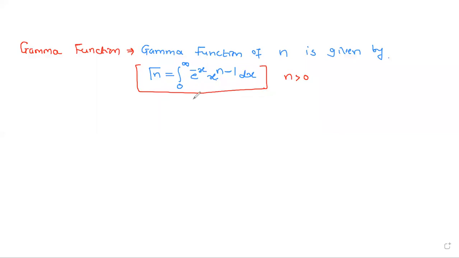Or you can write this formula in another variable also. For example, gamma function of n is equal to integration 0 to infinity e raised to minus t, t raised to n minus 1 dt. Generally this is very useful, because the substitution will always be in terms of variable t. What is the relation between this gamma number and the power of t?